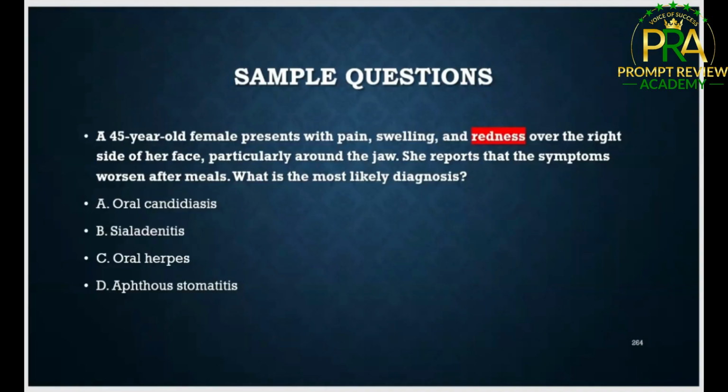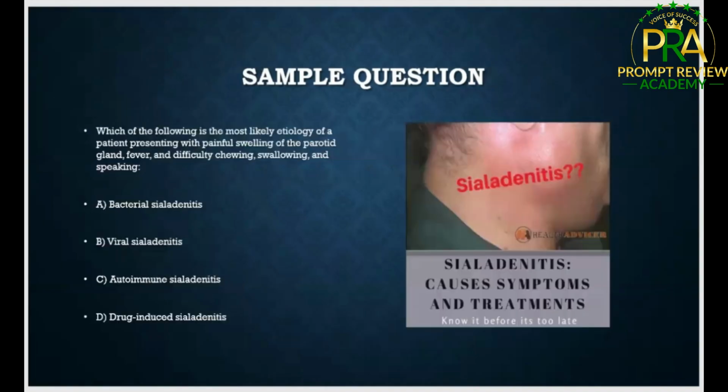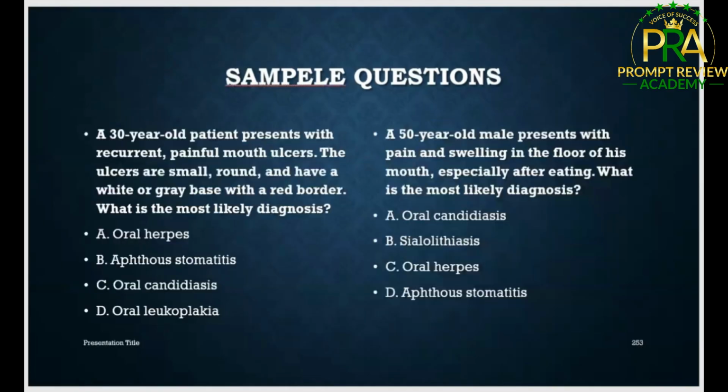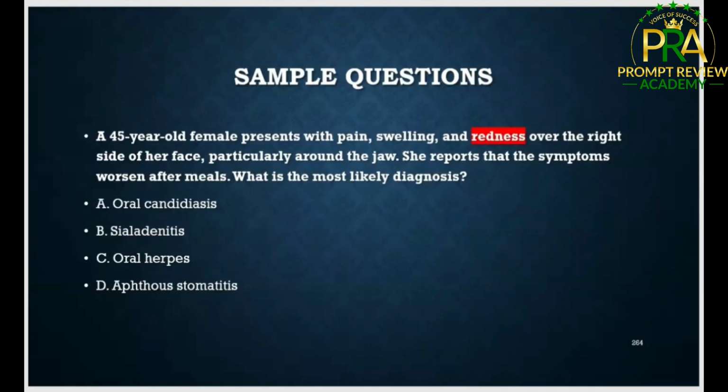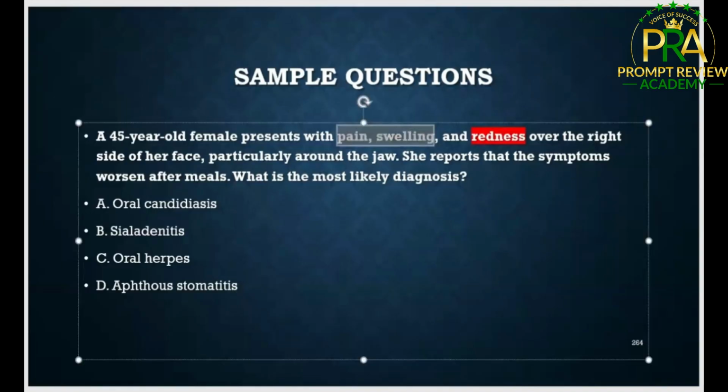The patient has the swelling and redness over the right side of the face. Remember the symptoms: pain, swelling. So there is an inflammation going on. So that is sialadenitis.